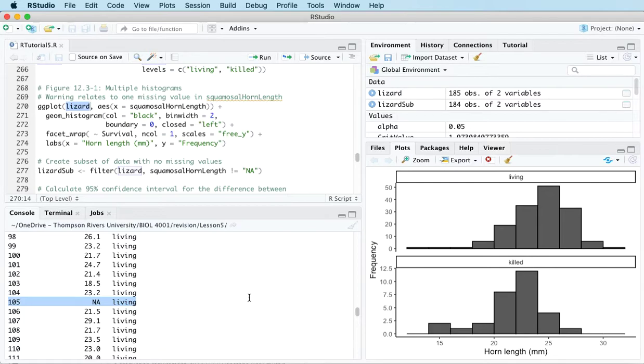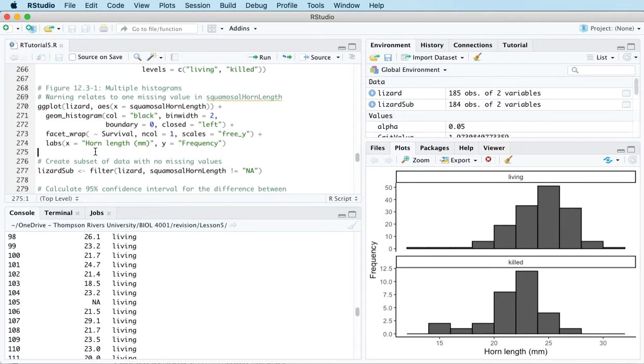The 105th lizard in my sample has a value of NA, not applicable, for its horn length. So for whatever reason, the researcher, when it came to lizard 105, didn't record the horn length for that particular lizard. So we're not going to be able to use this lizard in our analysis.